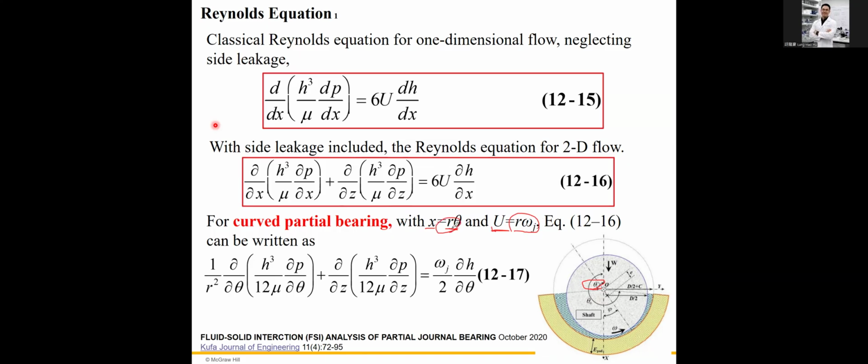So we can replace this here, here, and here, and we get the Reynolds equation for the curved partial bearing.